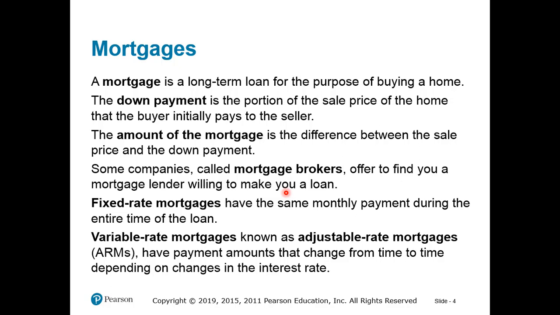It's okay to get an ARM as long as you keep in mind that you've got to improve your credit over that fixed rate period, so that before it ends, you can refinance into a conventional or fixed rate mortgage. Again, those are the two types of mortgages we're going to talk about.